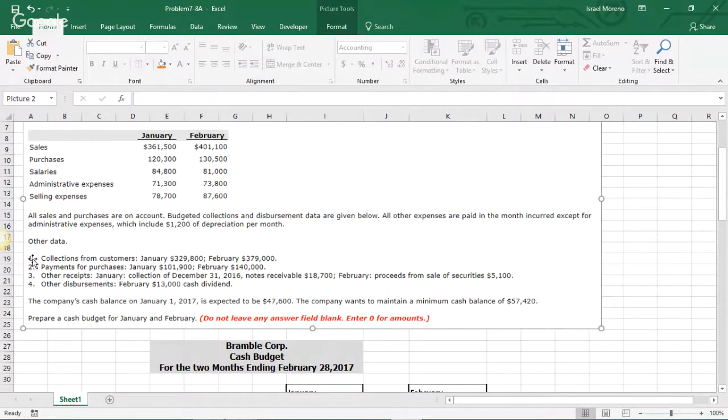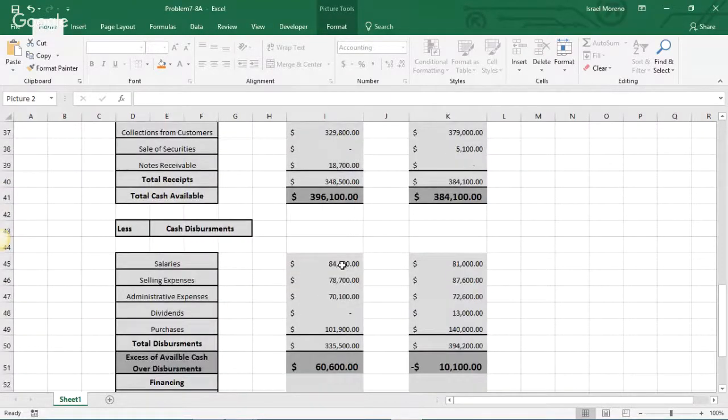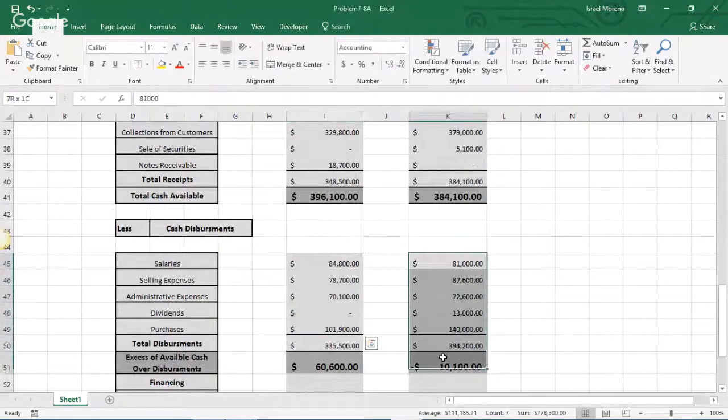You have that data on numbers 1 and 2. And other receipts can be found on number 3, which is collection of note receivable in January and sale of securities in February. So I already put all of that in here.